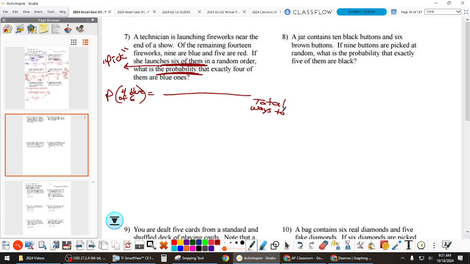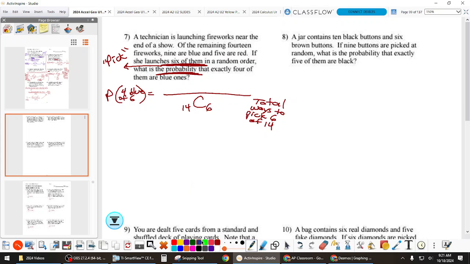Total ways to pick 6 of 14. Okay? So what is that? 14C6. Good.